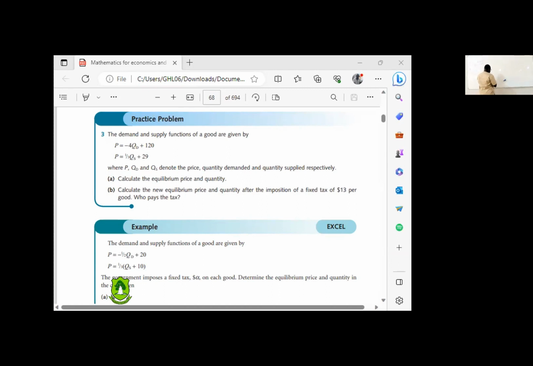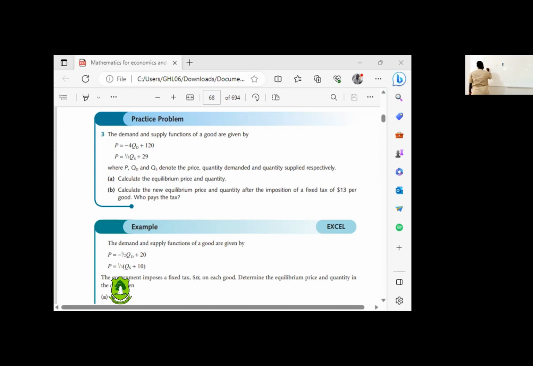So he's saying that to make quantity supply the subject, it will be what? Price minus, is that not? We can just keep this one and let this one go. So here will be 29. It's equal to 1 over 3 Q_S. So multiply here by 3, multiply here by 3.